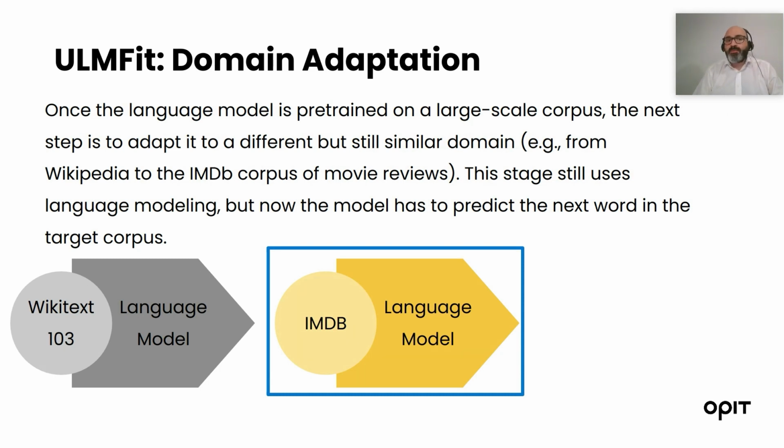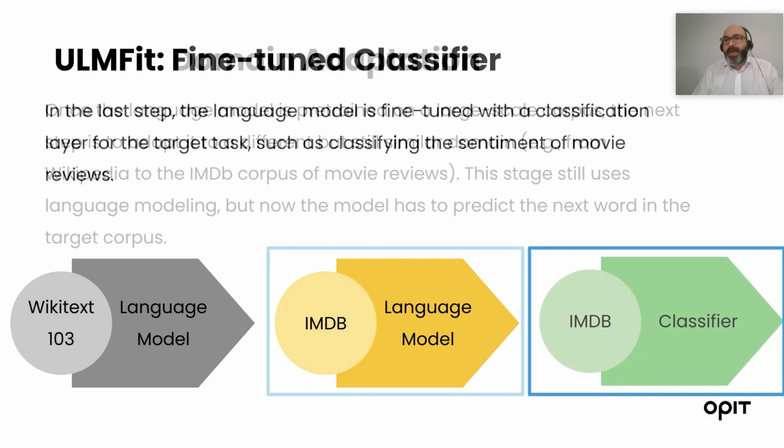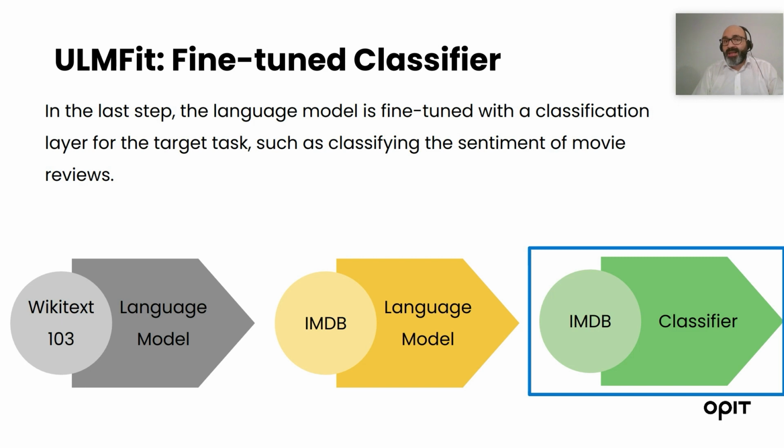Once the language model is pre-trained on a very large-scale dataset, the next step is to adapt the language model into a different but still similar domain. For example, we can transfer the knowledge of Wikipedia into the IMDb corpus of movie reviews. This stage still uses language modeling techniques, but now the model has to predict the next word in the target dataset.